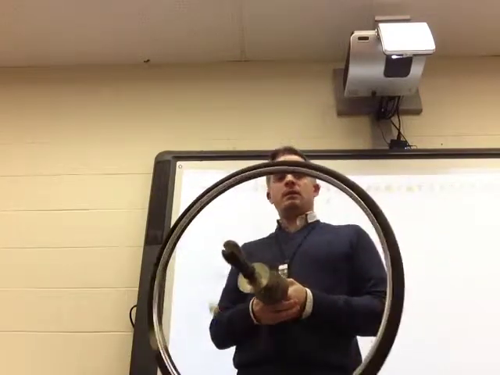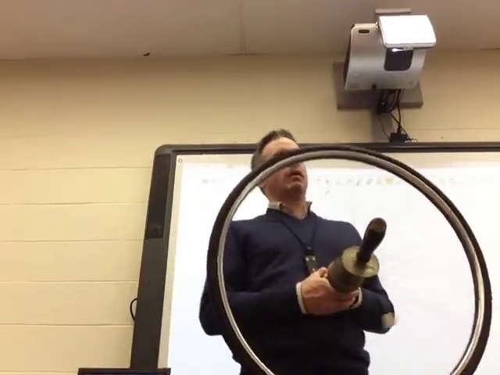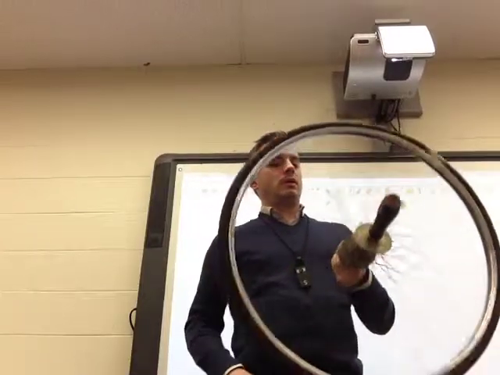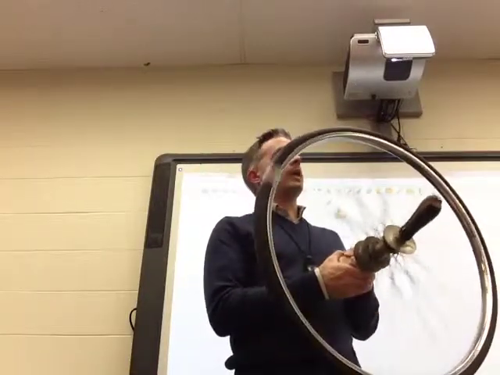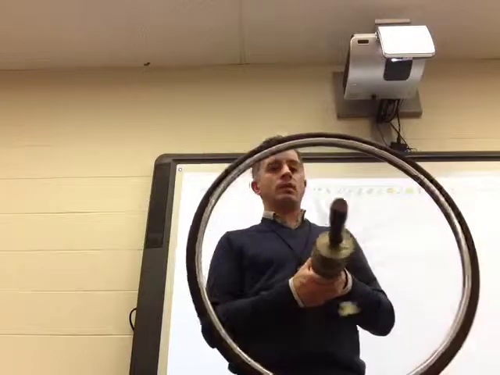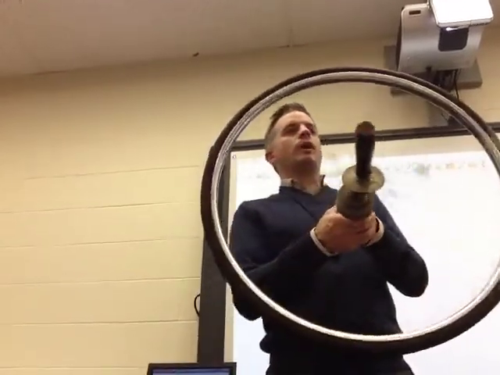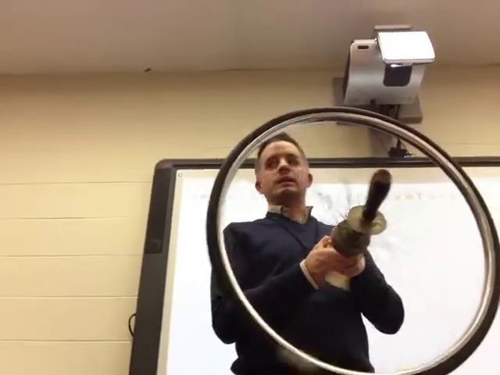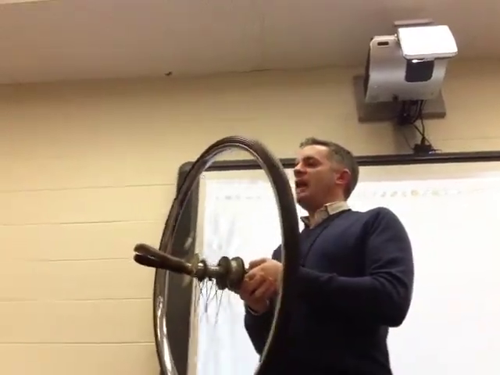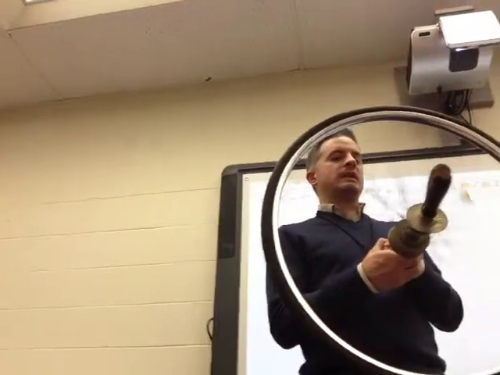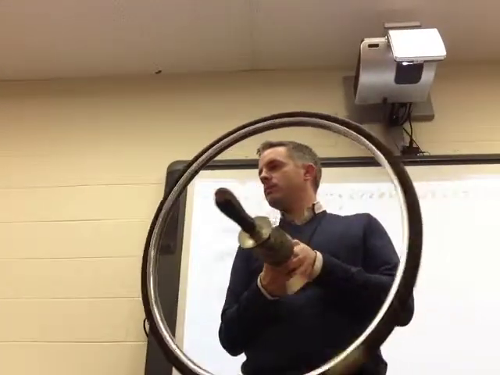Yeah, because v equals omega r. Yep, or if we think of v equals 2 pi r over T. The outer one has a larger radius, so it needs to travel faster to travel the same distance as the lower one.